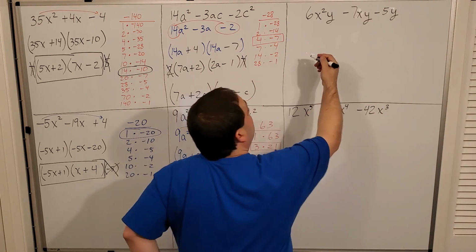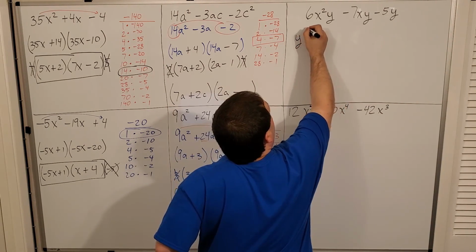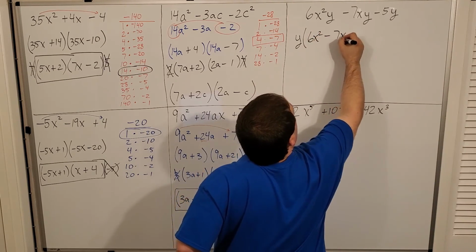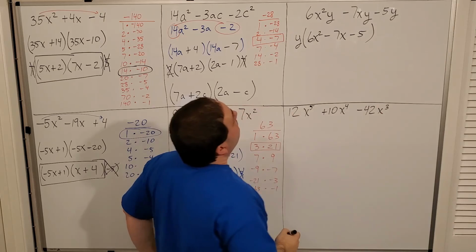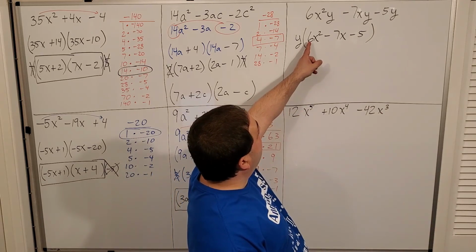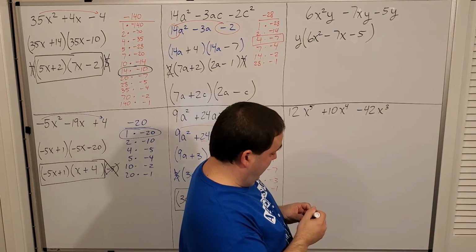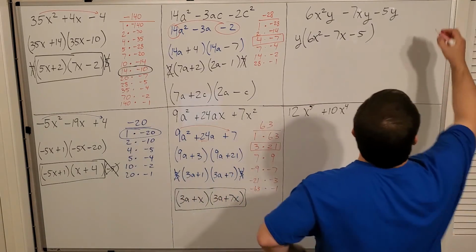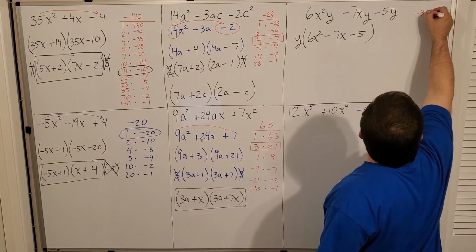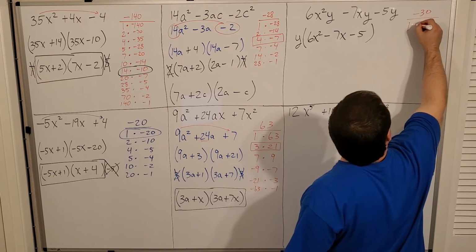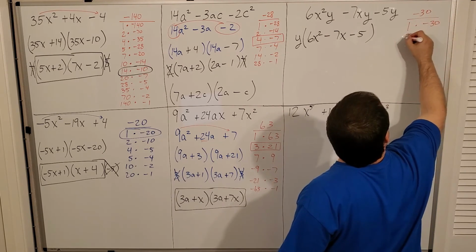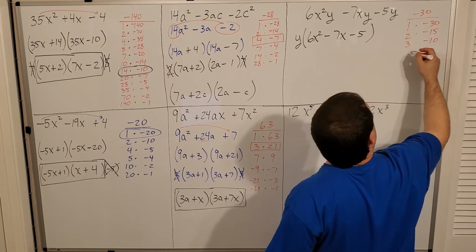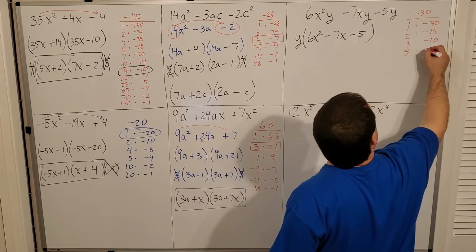All right, so 6, 7, and 5, no GCF, but everybody has a y in there, right? So I'll pull the y out, leaving 6x squared minus 7x minus 5. AC method says 6 times negative 5, which is going to give me negative 30. And I'll make my list. 1 times negative 30, 2, 3, 4 doesn't go, 5.